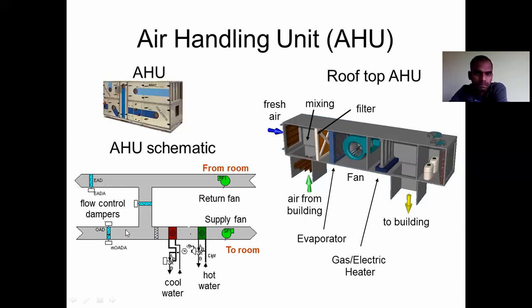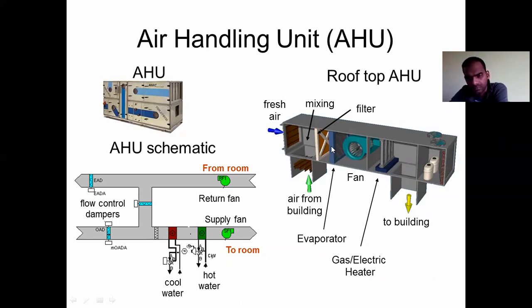Just see. So air from the building, the return air, is coming back, and the fresh air is coming from this duct, and return air is coming through this duct, and it will get mixed in this mixing chamber. Then it goes to the filter, then it goes to the evaporator, then it goes to the fan, and sometimes it may heat, and it will be given back to the building.